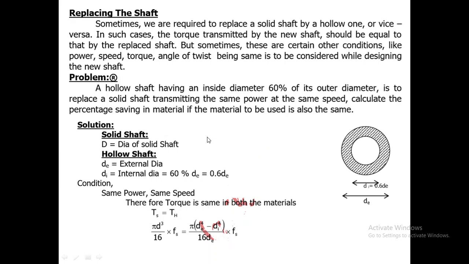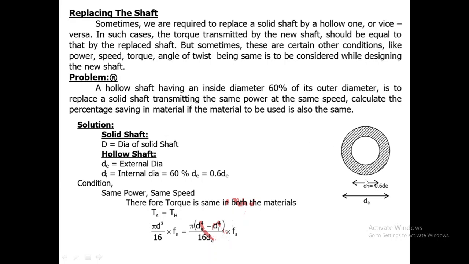Since in the hollow shaft the metal will be saved, but when you want to transmit the same power and same speed, we have to compare the percentage saving of material in each case.